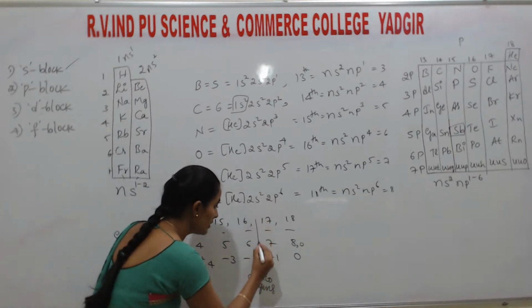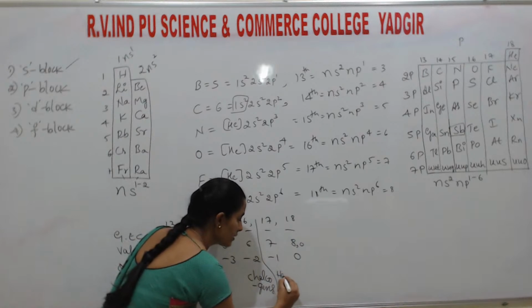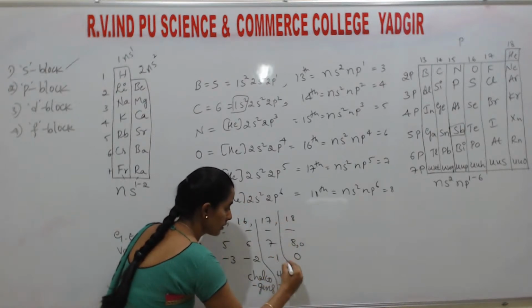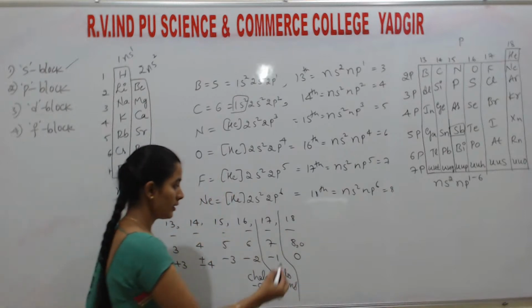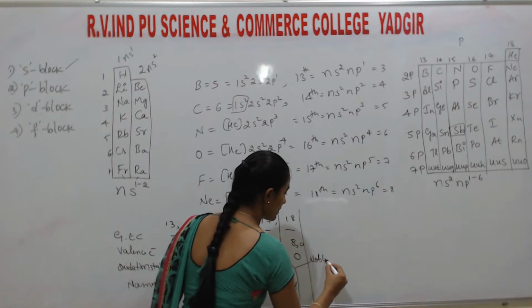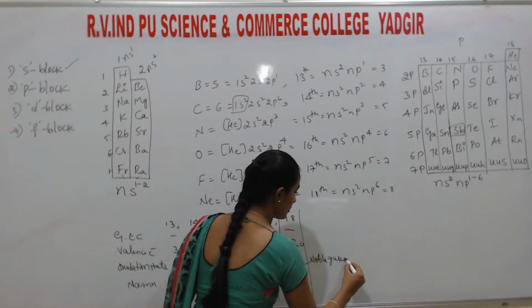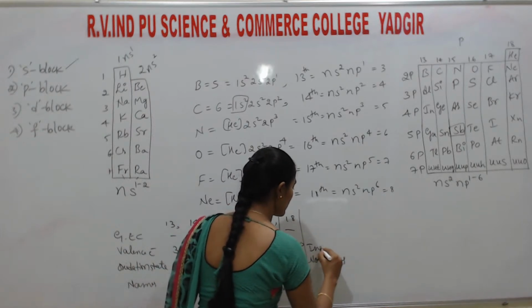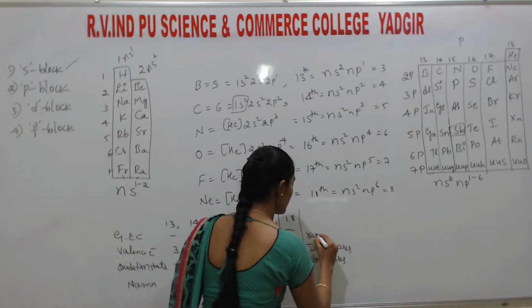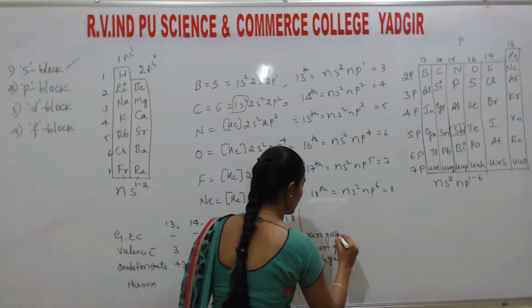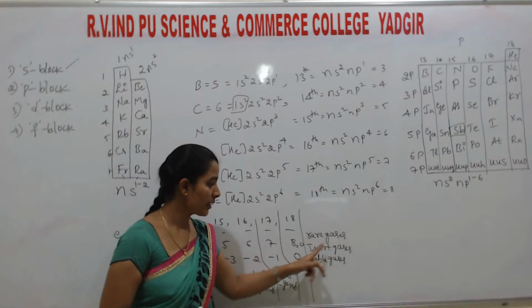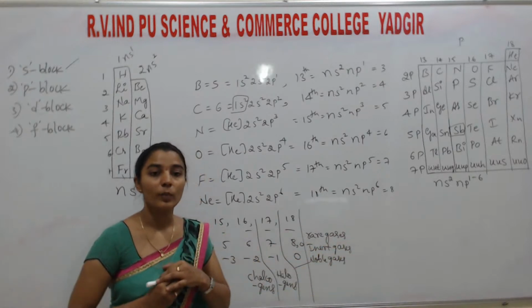Chalcogens. And the 17th group elements are called halogens. And the 18 group elements are called noble gases, inert gases, rare gases.